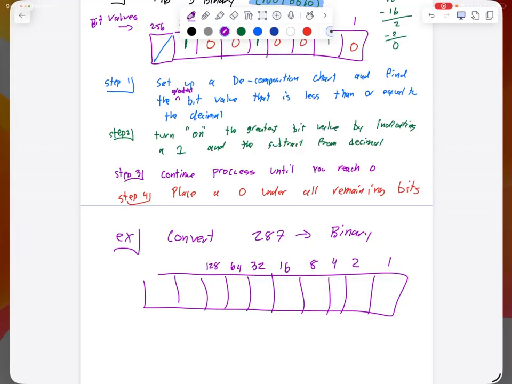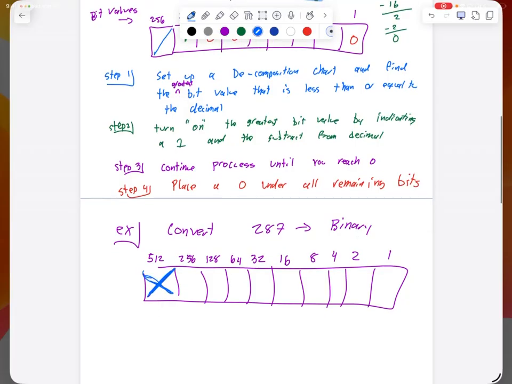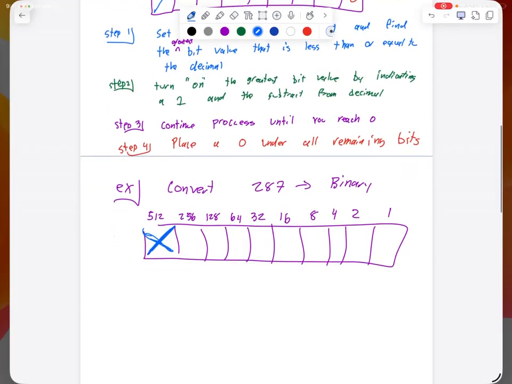I keep going, right? 256. Some of you can realize I'm going to stop, but I'm going to check the math, and I'm going to stop right there. So I'm not going to use the 512. Okay? So what's the greatest bit value that is less than or equal to 287? 256. I put a 1.